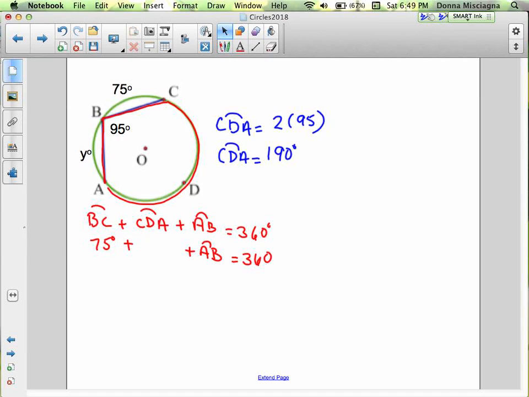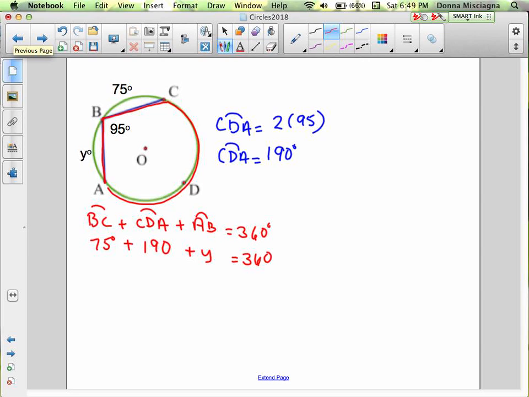So now we can replace arc CDA with 190, and let's solve for AB, which is Y. So 75 plus 190, that'll be 265.